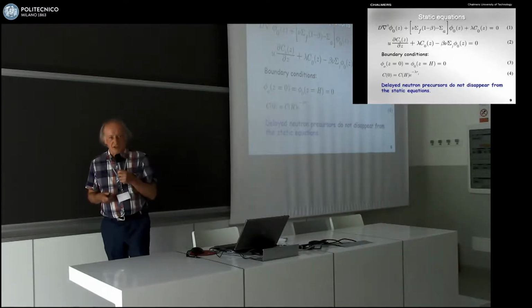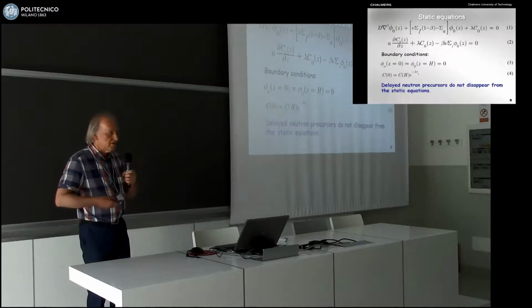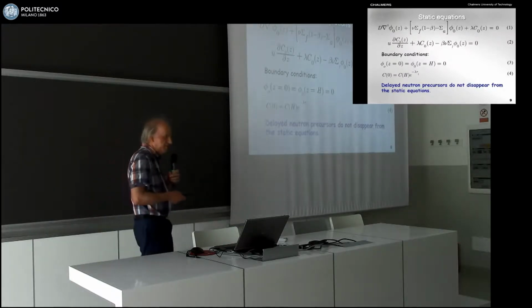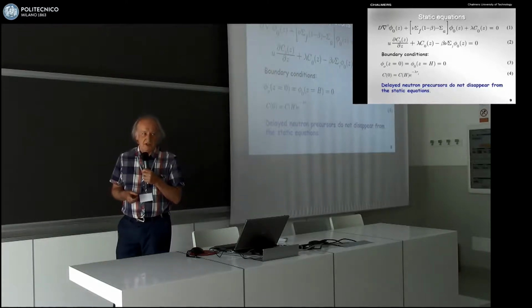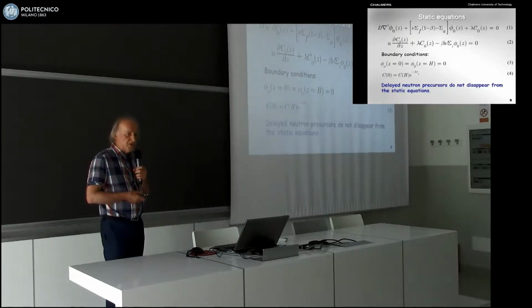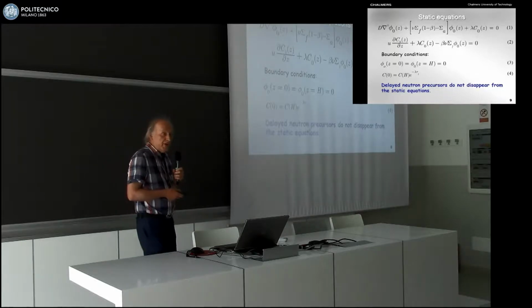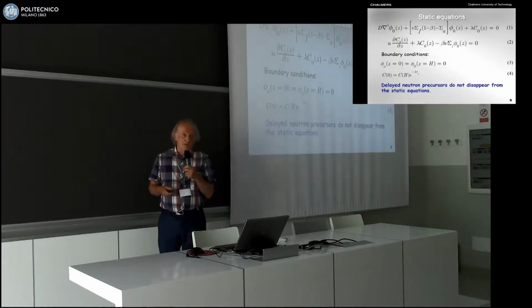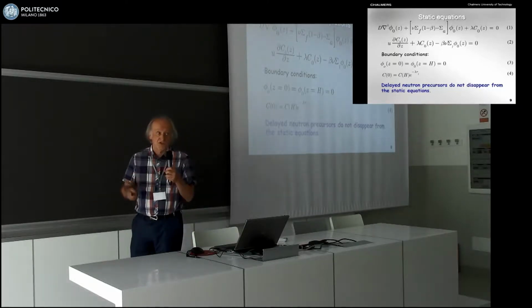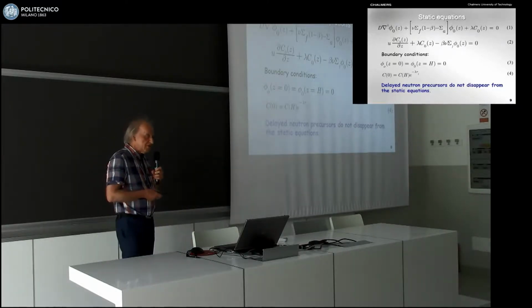And that's a big difference, because in the ordinary transport theory or diffusion theory, when we look at the static equations, we don't need to bother with the delayed neutron precursors. We don't even give boundary conditions. I don't know if you thought of it. It's not necessary. And in a homogeneous model, the neutron distribution will be the same as the delayed neutron precursor distribution.